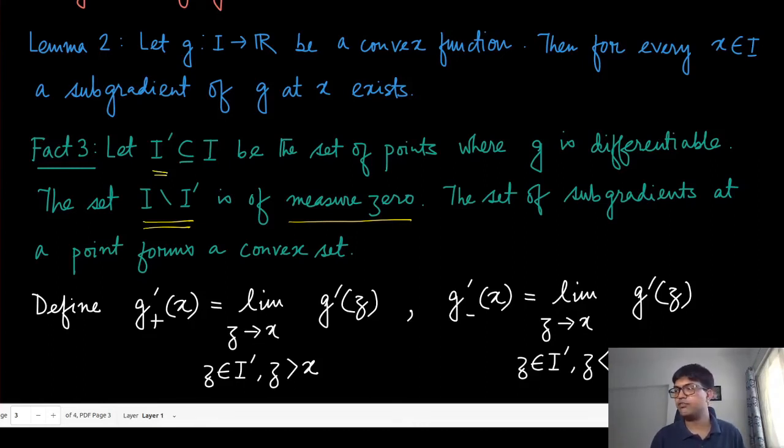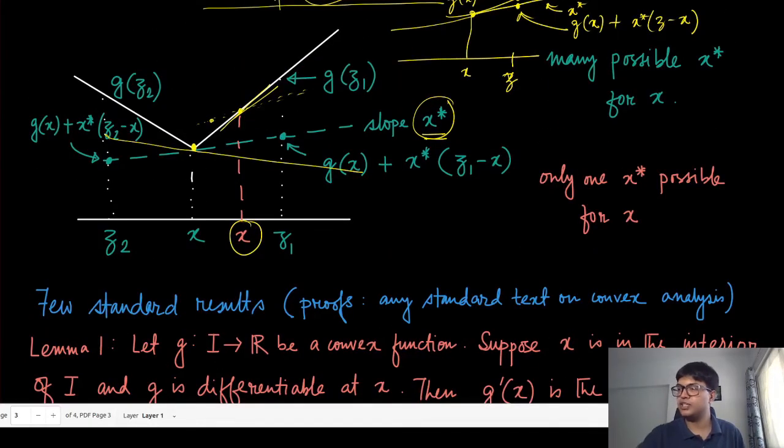You can think of the previous example here. The subgradients will start from this point, which is a negative gradient, to this point, which is a positive gradient. You can think of this as the left derivative at this point, green x, and this slope is nothing but the right gradient, and all the points between this left gradient and right gradient in that interval are subgradients of this function at that point.